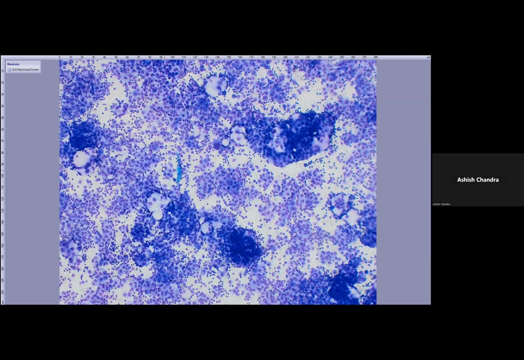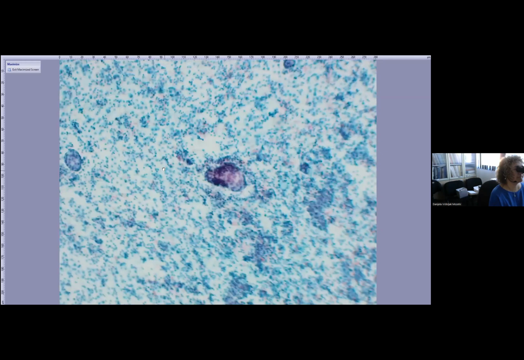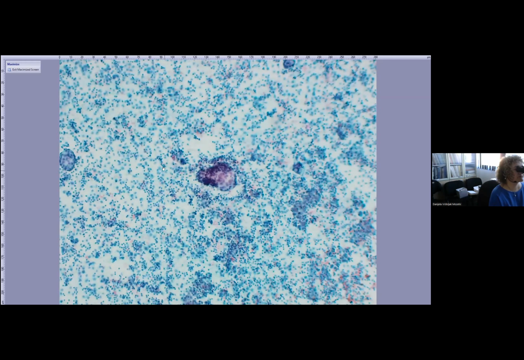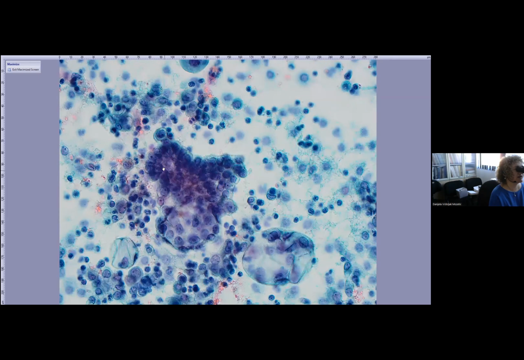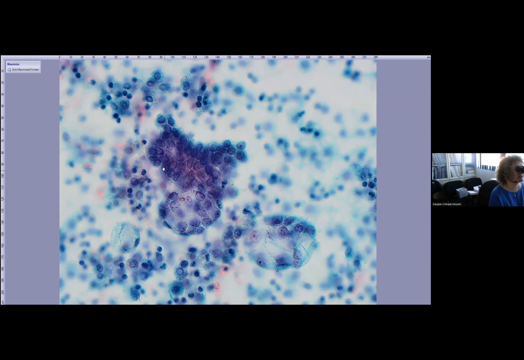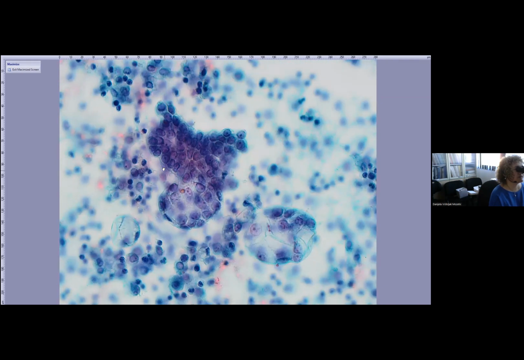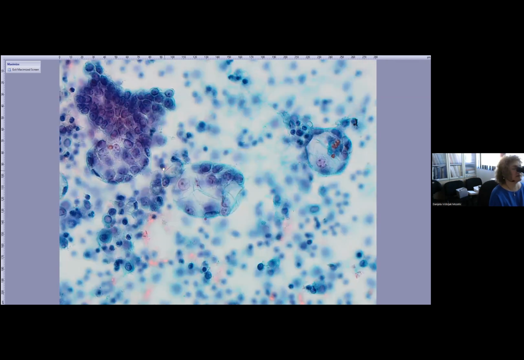So in the pap stain, the same structures, but the cells are not so pleomorphic. They are more monomorphic, but with these large nucleoli, red nucleoli.